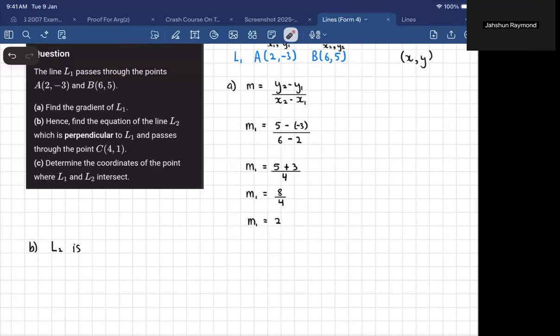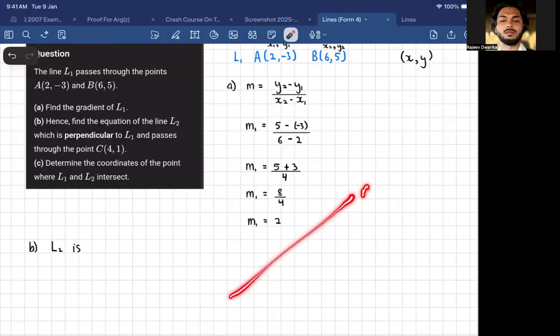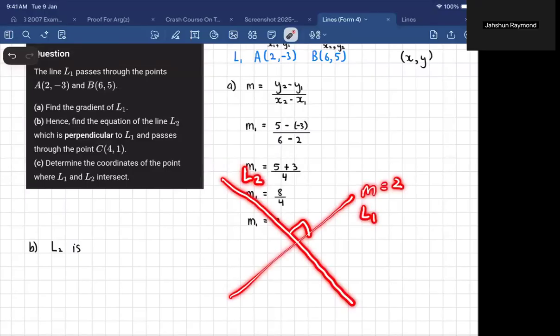All right. If this is line 1, then line 2 would have to look like that. So perpendicular lines are lines that are 90 degrees apart from each other. So this would be line 1 and this would be line 2. Understand? Yes.